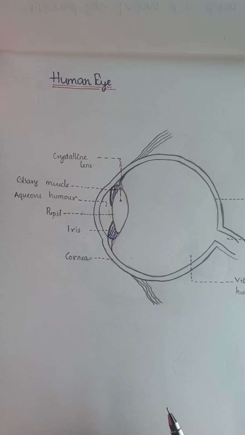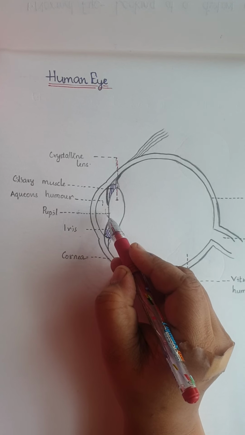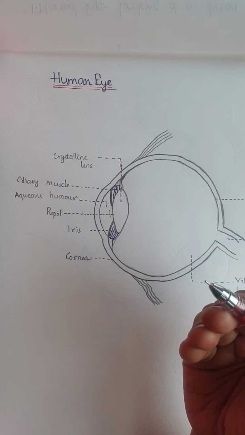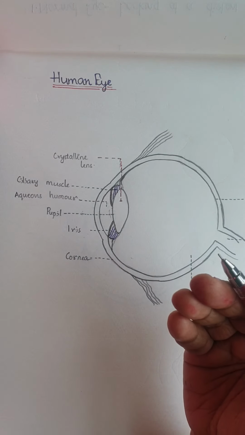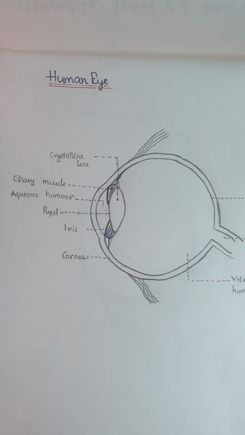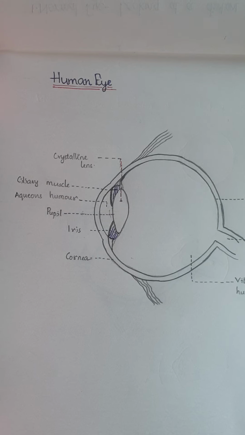How does the pupil work, children? This is the pupil, right? That opening. You would have observed that when you come out from a cinema hall after watching a movie in bright sunlight, your eyes get closed, right? When you enter the hall from bright light also, you can't open your eyes for some time.